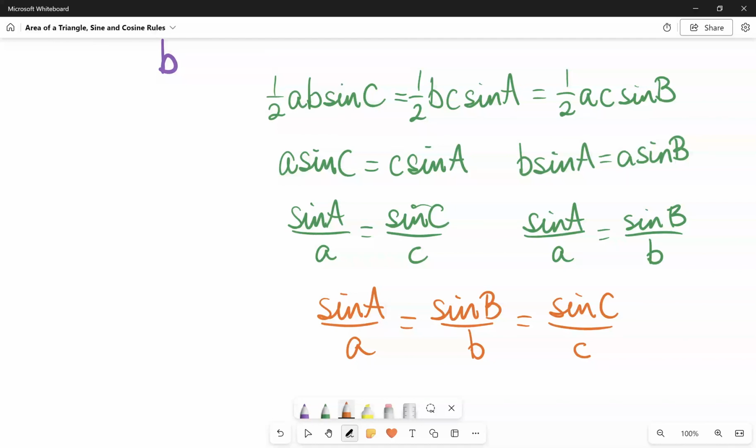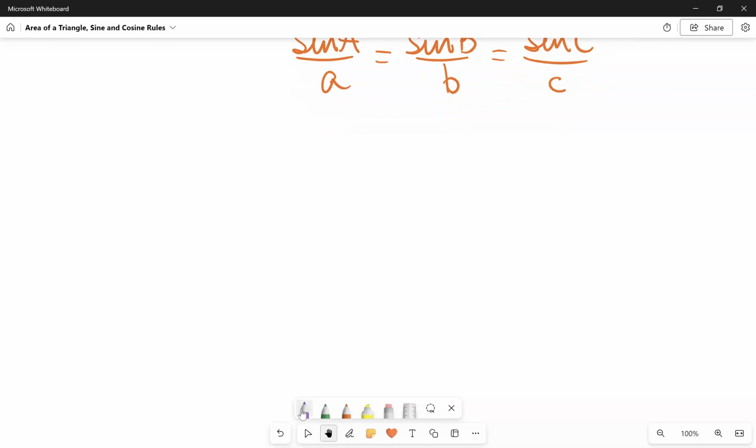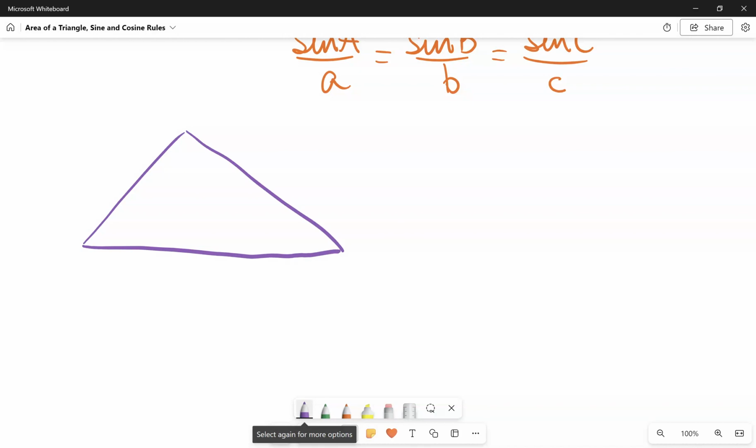Now let's move on to the cosine rule. Again, we'll need to think, how can we prove something that looks like this? In terms of difficulty, it looks slightly more difficult, so we'll need to define some parameters. We'll have b, c, and then we usually call this side a, and this will be capital A for the angle.